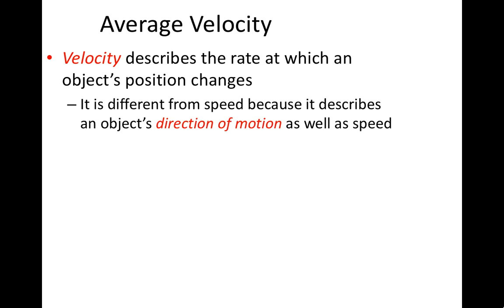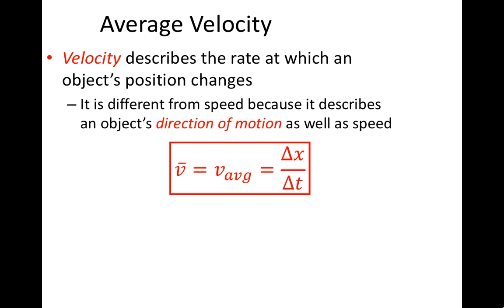The main difference is that velocity describes how fast an object is moving and its direction of motion as well, where speed just describes how fast. The equation for velocity is shown here. Average velocity is equal to an object's displacement divided by the time interval of its motion.